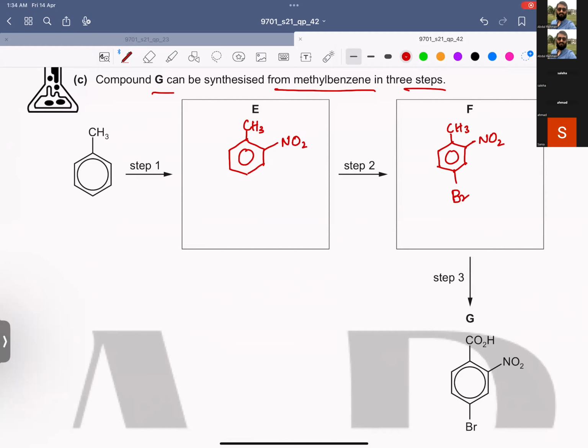Now in the third stage, I have to do the oxidation. Here this is electrophilic substitution and here it is electrophilic substitution. On oxidation, the methyl side chain turns into carboxylic acid.